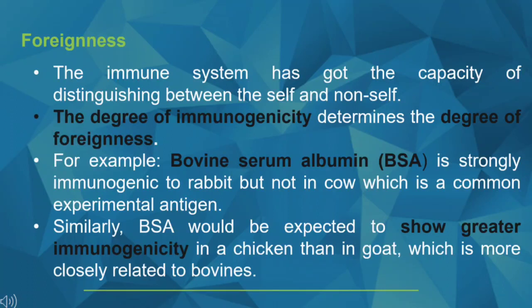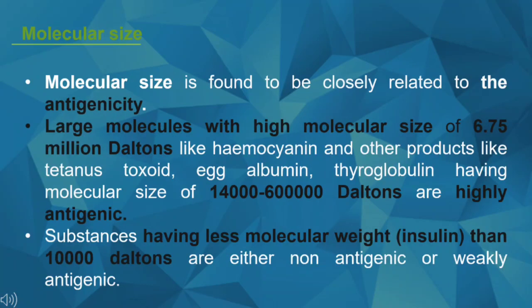There are some exceptions among self components, like corneal tissue and sperm, which are effectively sequestered from the immune system. And the next one is molecular size. Most active immunogens tend to have a molecular mass of 14,000 to 6 lakh Daltons.